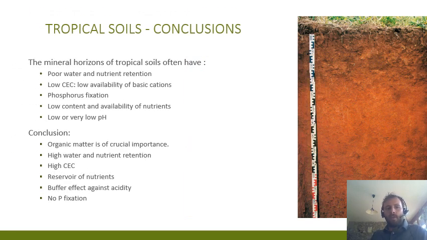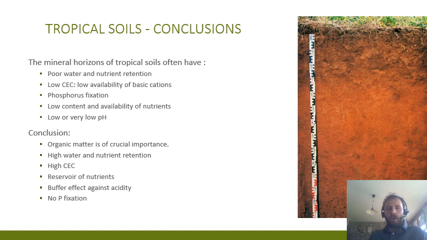So to summarize, the soils of mineral origin in the tropics usually have poor water and nutrient retention, a low cation exchange capacity, so a low availability of basic cations, a fixation of phosphorus, a low nutrient content and low availability of nutrients, and they are acidic.